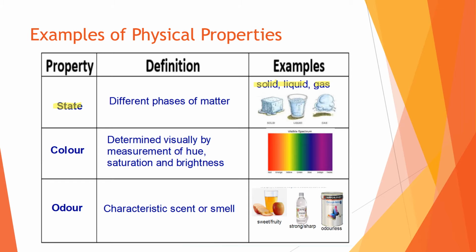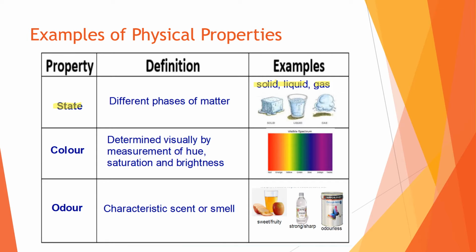You'll see here in this example, solid could be water as ice, okay, water in a solid state. Liquid could be water in a liquid state, and then we could have water vapor, which would be in its gaseous state.